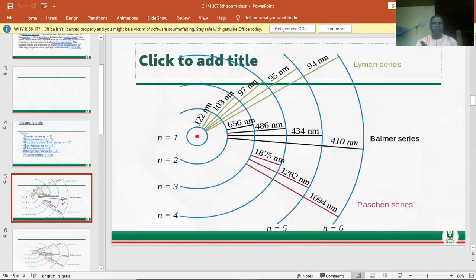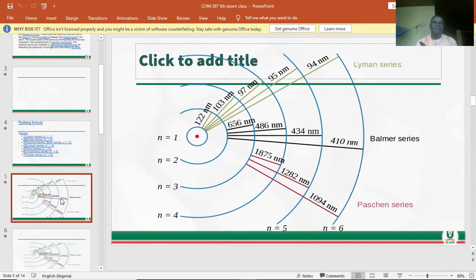You see where you have the n1, n2, n3, and n4. As I told us earlier, each and every one of them stands for a particular spectral line series. You have the Lyman series, n1, the Balmer series, n2, the Paschen series, and so on.